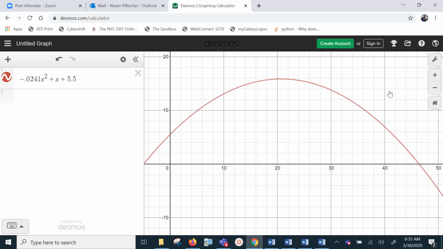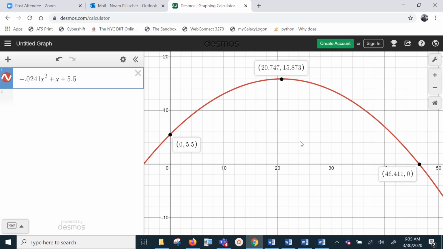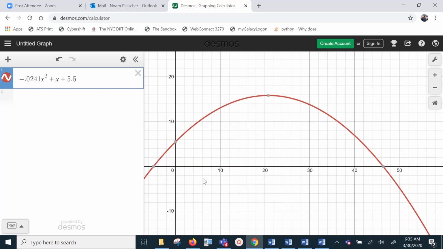And we love Desmos because Desmos is a smart calculator. It knows that key features are the things that we care about. And like we said before, we don't really need any other key feature other than the root, which is 46.411. All right. So we got that root, but why did we not care about the negative root?